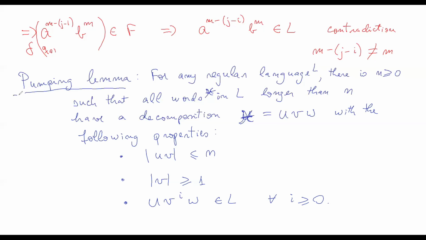So this is a great tool that you have to prove that some language is not regular. And the way this is going to go is that you are going to assume that the example you have in front of you is in fact regular. And this tool is going to allow you to choose a word, any word you like of length sufficiently large. And once you pick a word from that language, you will have as a consequence that many other words have to be in the language. You essentially will have a part of that word that you can pump.